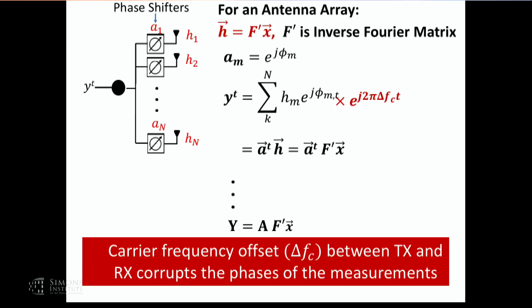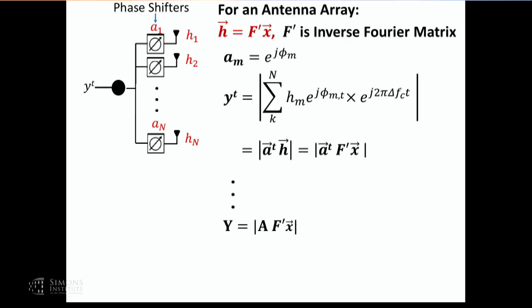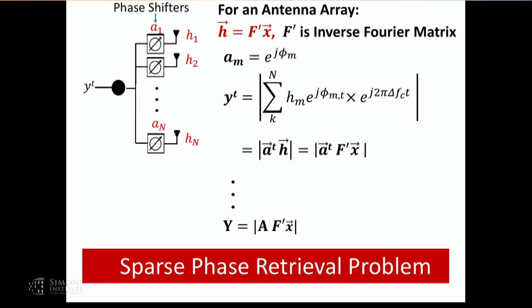Every time we send a packet, it adds a random phase to it, and it's very hard to track and estimate. So what ends up happening is that the phase of these measurements ends up being useless, and what we need to do is take the magnitude to eliminate this component. And so what this becomes is a well-known problem called the sparse phase retrieval problem.